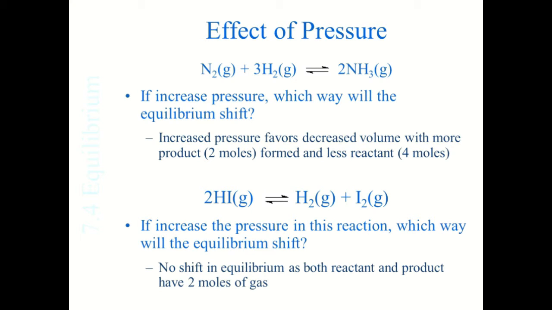Now, how many moles of gas do I have on the reactant side? I have 3 plus 1. I have 4 moles of gas. How many moles of product do I have? 2.